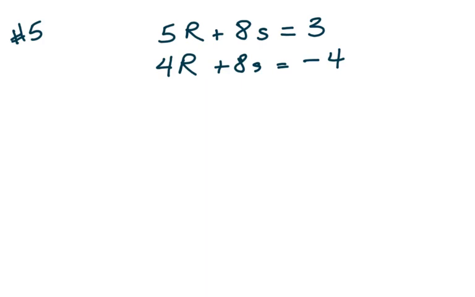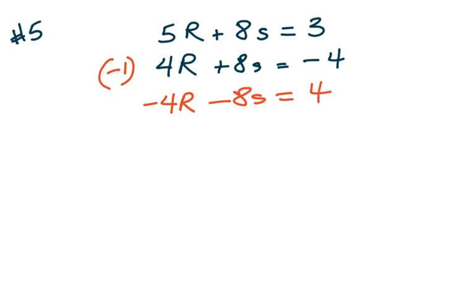So I'm going to change all of these bottom ones, the entire row. Guys, it's not just the first, it's not just the S. You have to put a negative all the way across the entire row. So it's going to be negative 4R, negative 8S equals, negative times negative is positive 4.